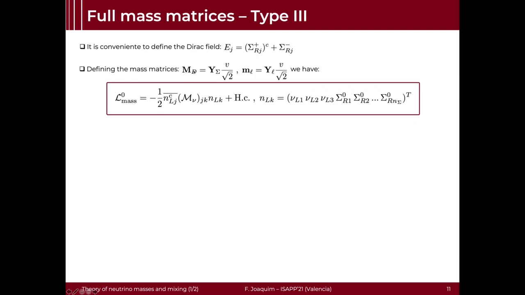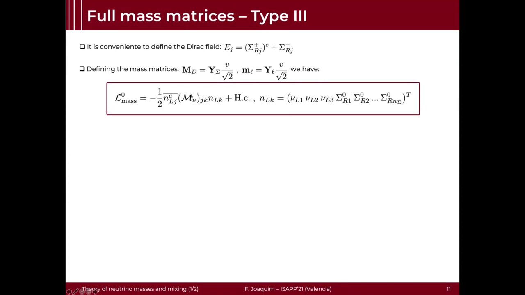We can define, as in the case of the type 1 seesaw, MD as y sigma v over square root of 2, because this actually comes from the coupling with the standard model Higgs doublet. Again, I can also call ML the charged lepton mass matrix, which comes from the coupling with the Higgs.